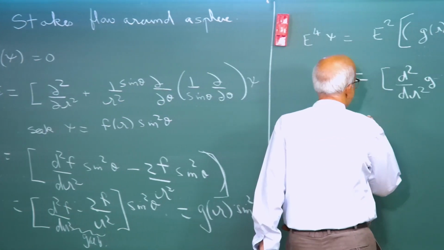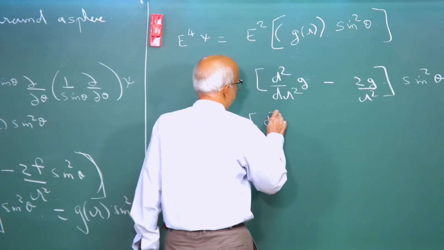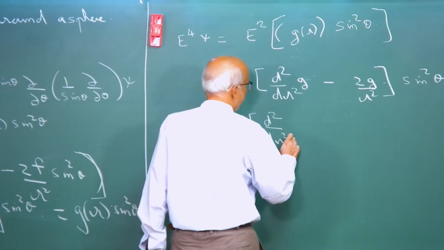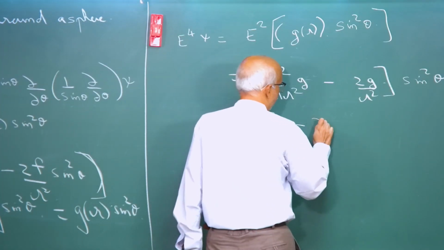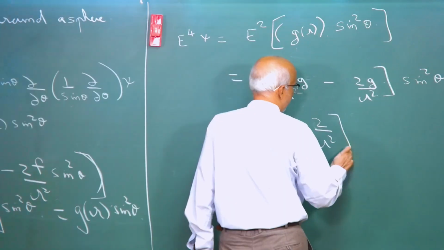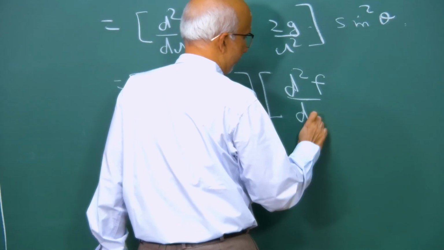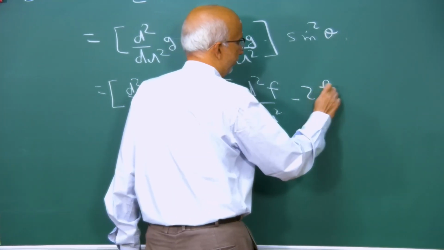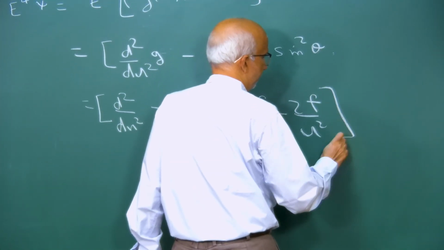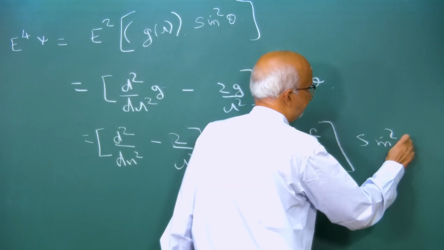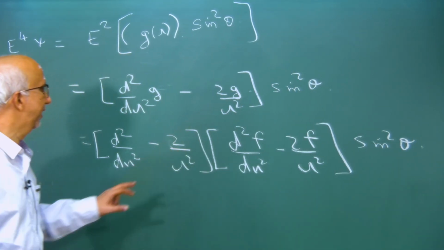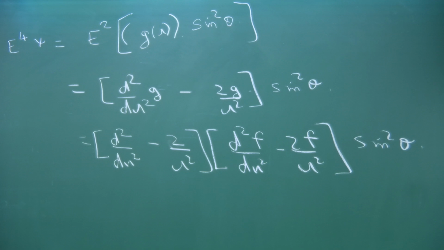So this can be written as d square by dr squared minus 2 by r squared operating on d square f by dr squared minus 2f by r square, sin square theta. All I have done is substituted g equal to this thing again.